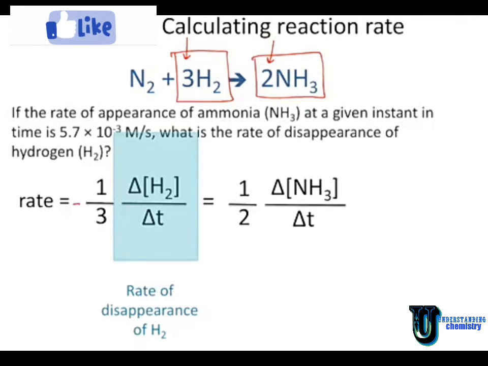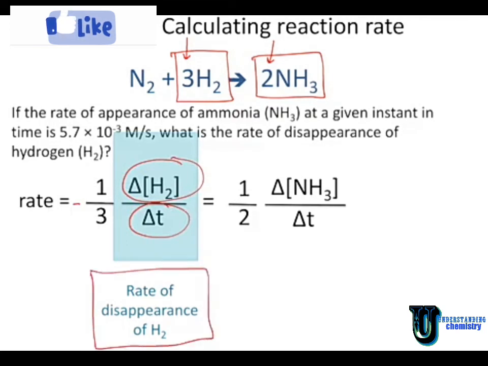But I want to point out that this, what I've highlighted in blue here, the change in the concentration of H2 over the change in time, this is the rate of the disappearance of hydrogen. And so this is the term I'm solving for in this equation. And so when you look at this equation, you need to not forget that.